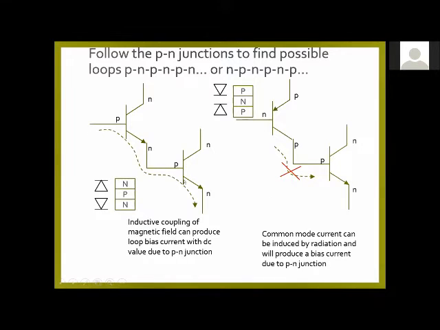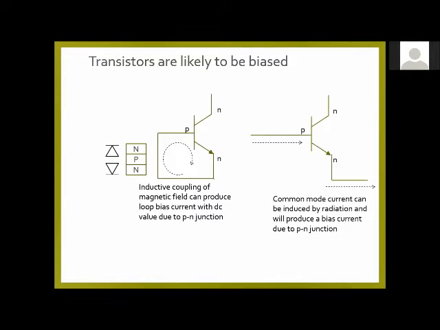And of course, PN junctions are in bipolar transistors. If you chain them together like you would in a Darlington kind of circuit, you get this chain of PN junctions where current can flow. Some connections wouldn't allow that if you have two NPN and a PNP together. You have to really look and see the circuit to figure out where the current can flow.